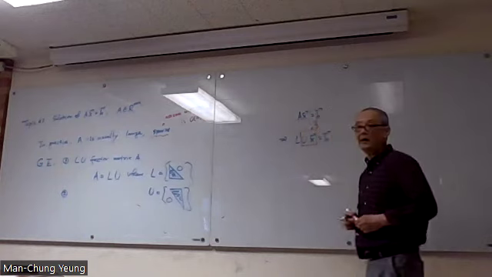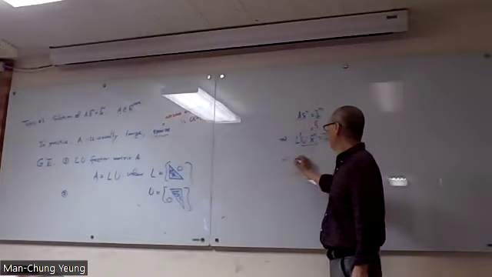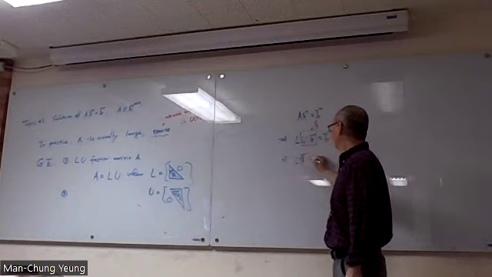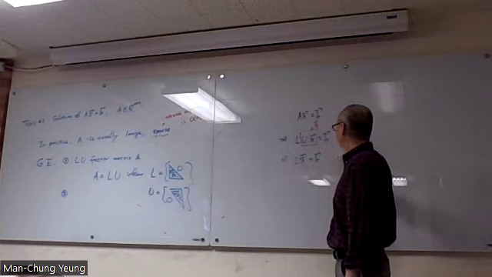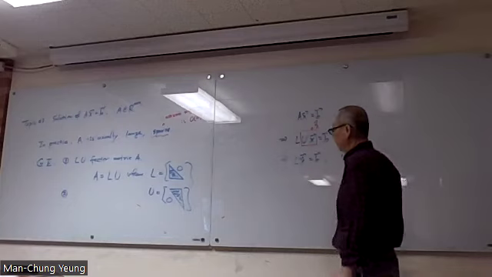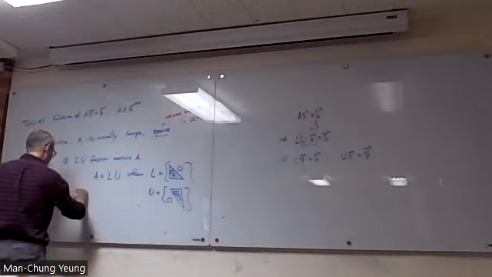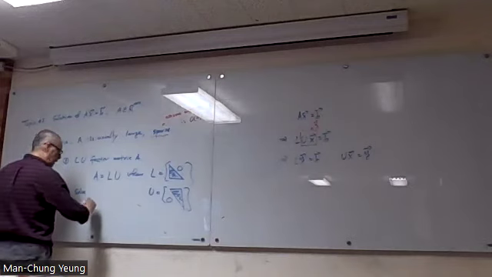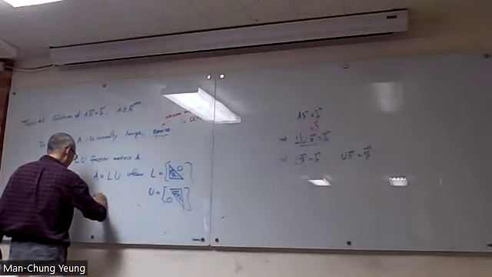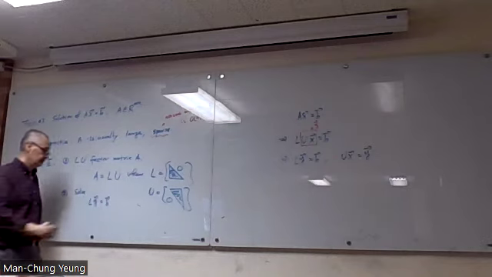Then we have Ly = b, and then Ux = y. First solve Ly = b for y.